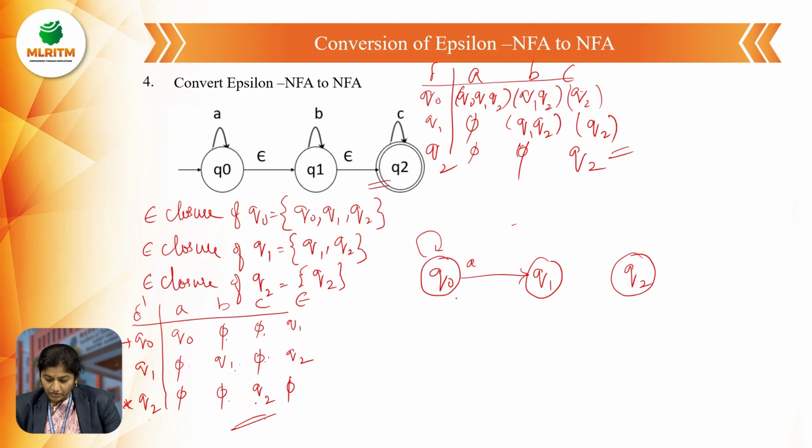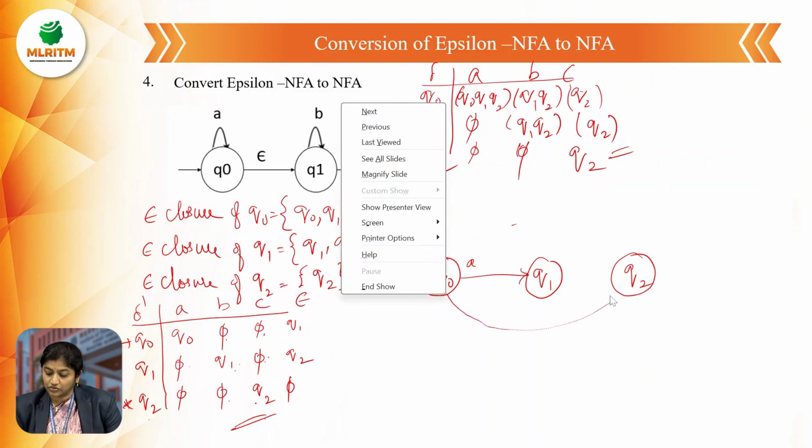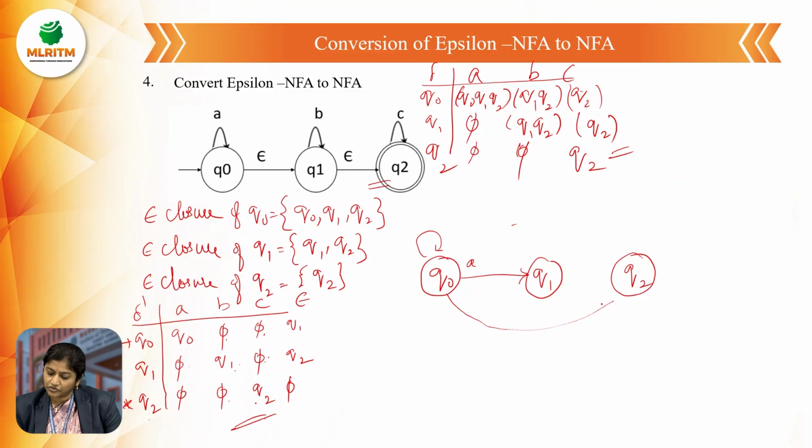See, I'm drawing. On A. This is also A. But q0 is linked with q2 also, so this will be the final state.